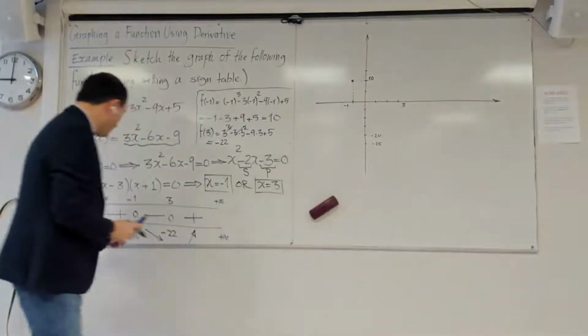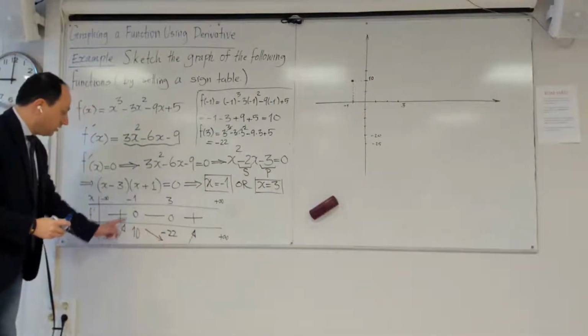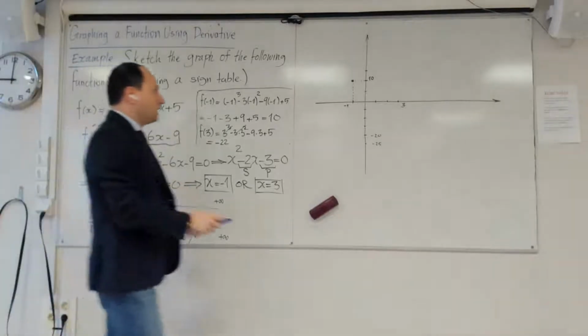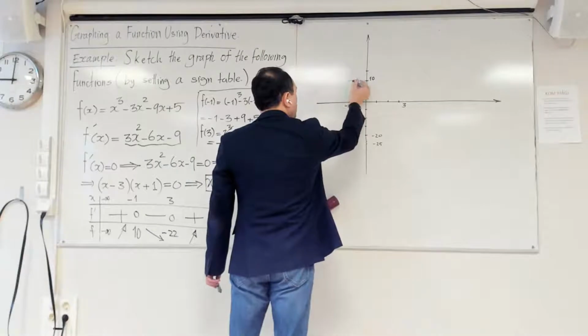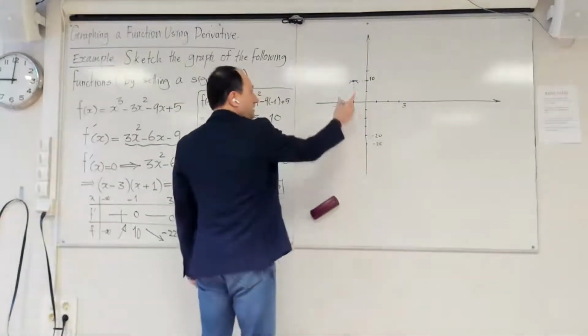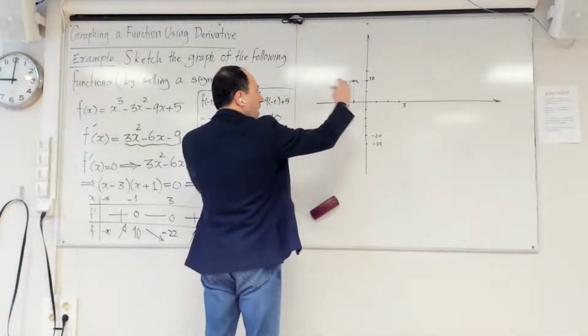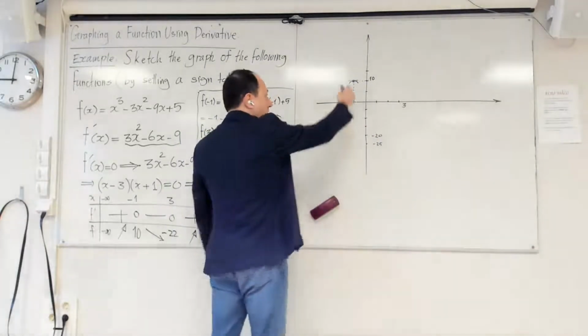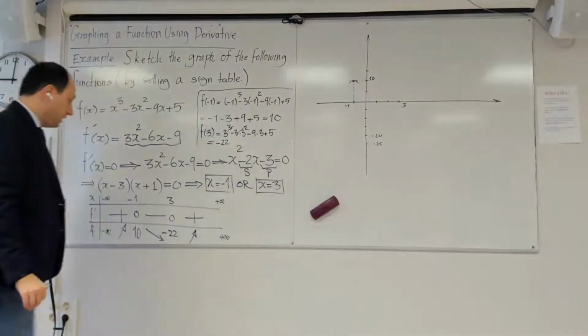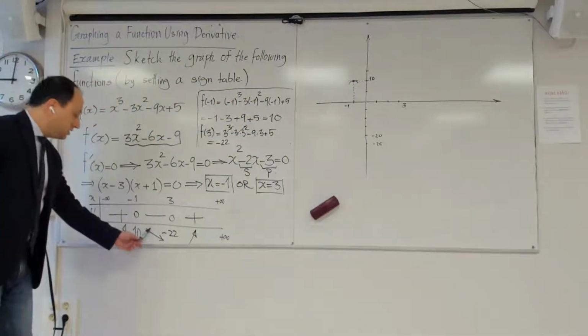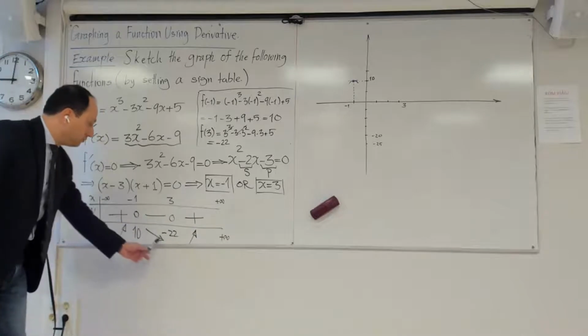But what type of point is that? It's a local extreme point. Local extreme point means that around this point, the function should look like this, either narrower or wider. We don't know, but at least it looks like this around that point. And then I go to the other one. This is a local minimum point.